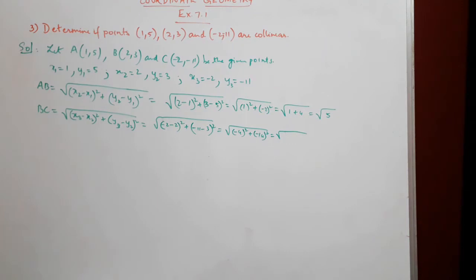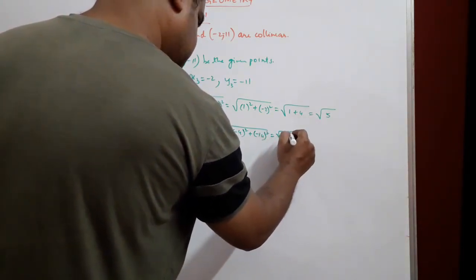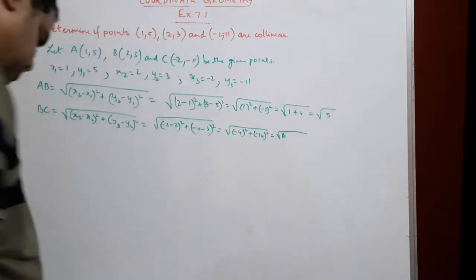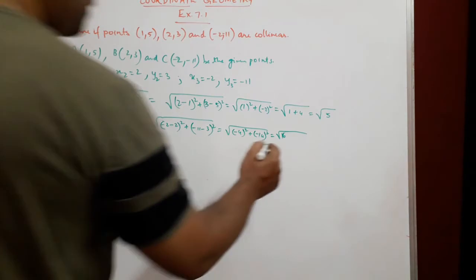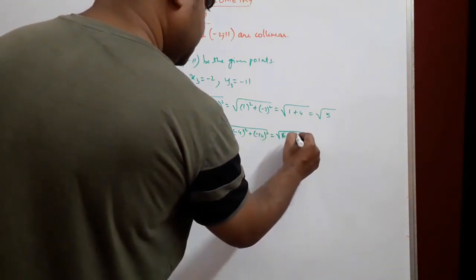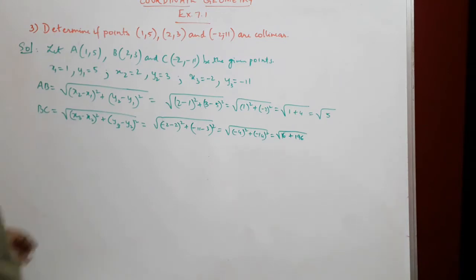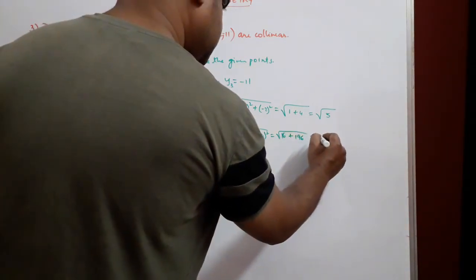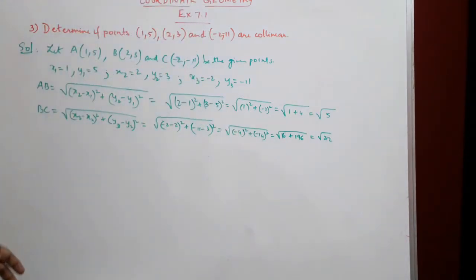now -4 whole square gives us 16, and since this is -14, the square of it will be positive, so that will be positive 196, because 14 square is 196. This gives us square root of 212.